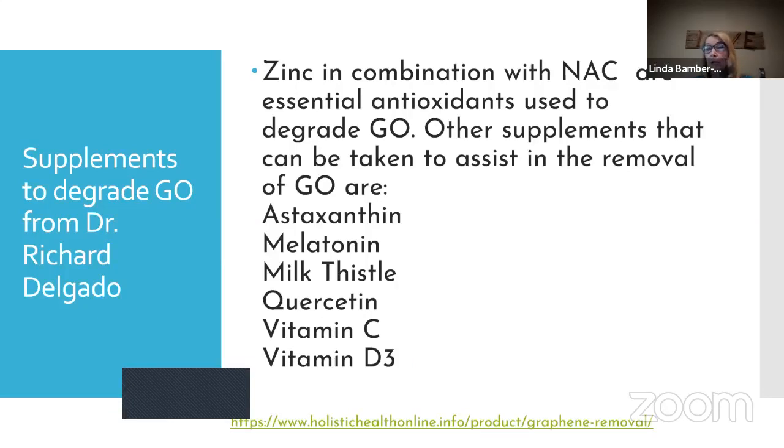And these are just some nutrients, and a lot of us have these nutrients on hand. So if you're taking these nutrients already, they could be very assisting in removal of graphene oxide. That list is below: the melatonin, the milk thistle, quercetin, vitamin C, vitamin D3, and zinc.